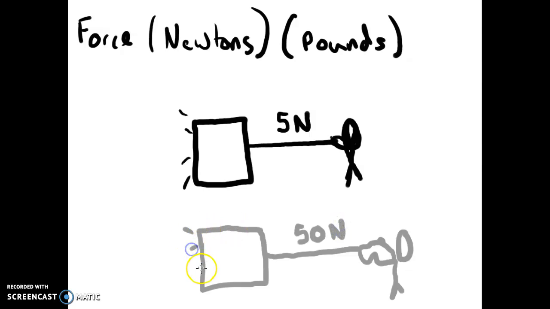What's the difference going to be in my box's motion and my brother's box's motion?